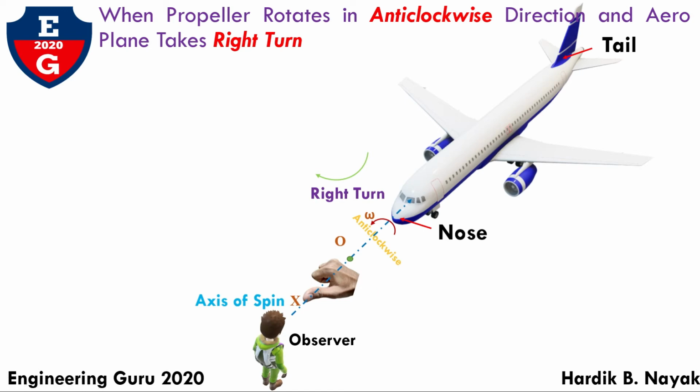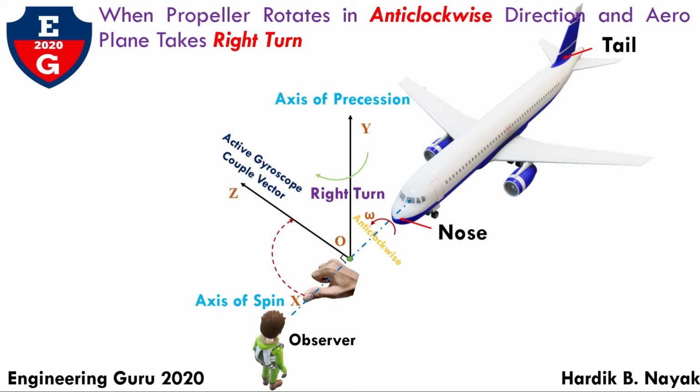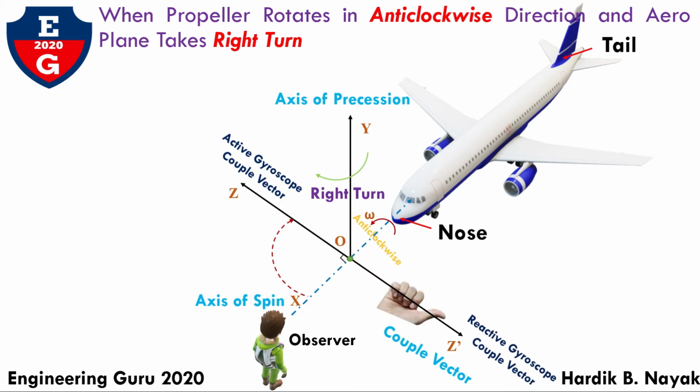After that, the other axis, the vertical axis about which the plane is taking the right turn, is called the axis of precession. Now to get the vector of this precessional velocity, I have to turn this spin axis by 90 degrees in this direction. Corresponding to this rotation, this is called the active gyroscopic couple, and opposite to it would be the reactive gyroscopic couple.